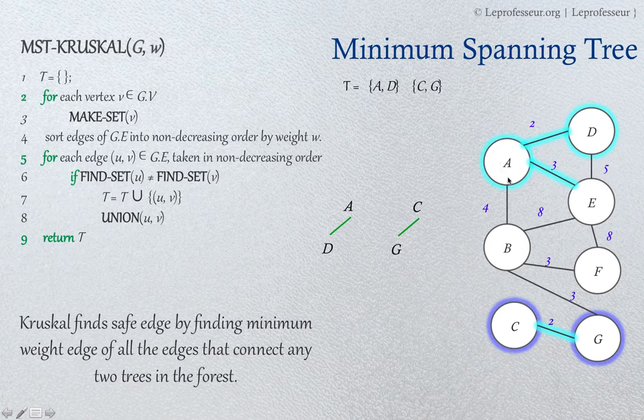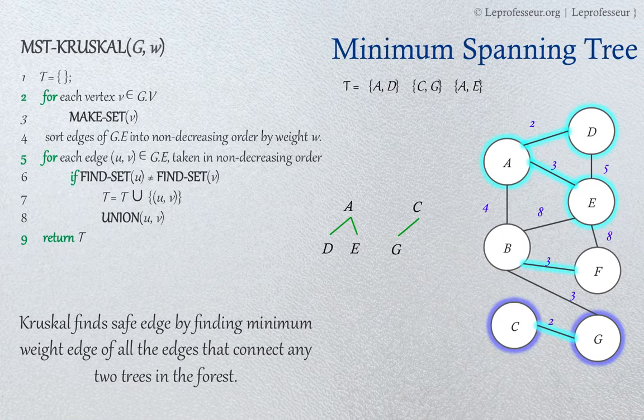Find set U means find set A is not equal to find set E. So in this tree we have A and D. We found that A exists in our tree, but E is not there. So we safely add this edge between A and E, and our tree would look like this.